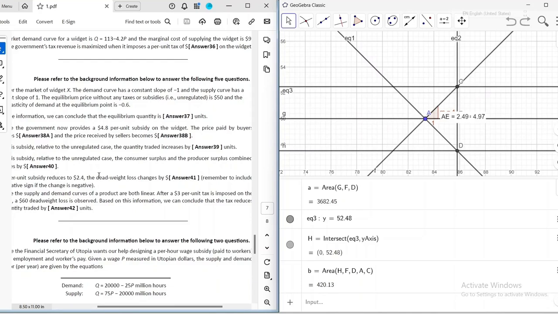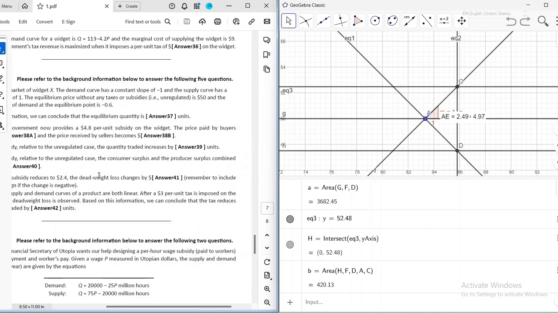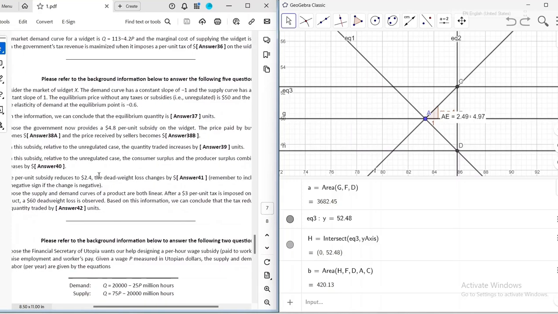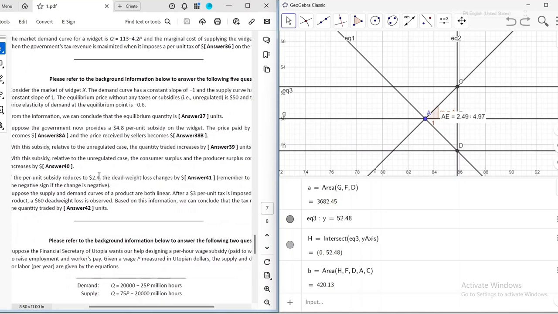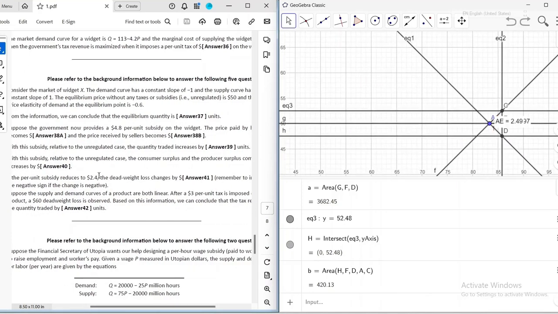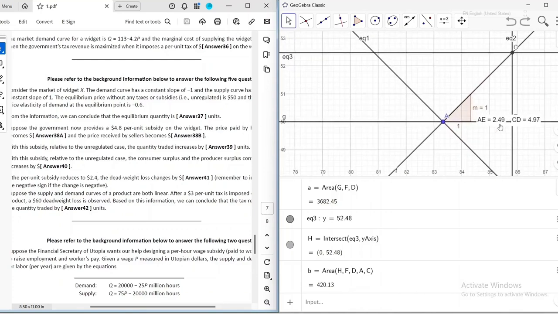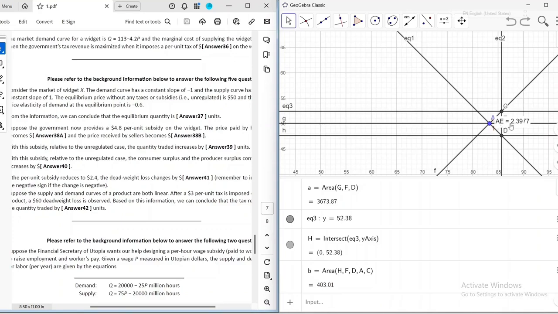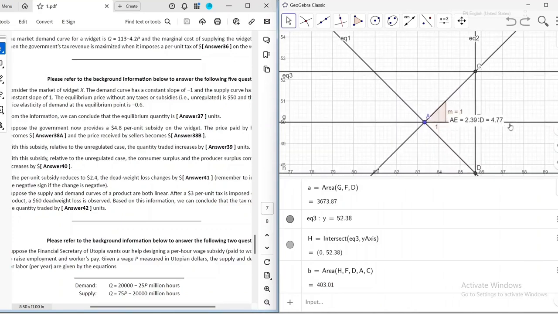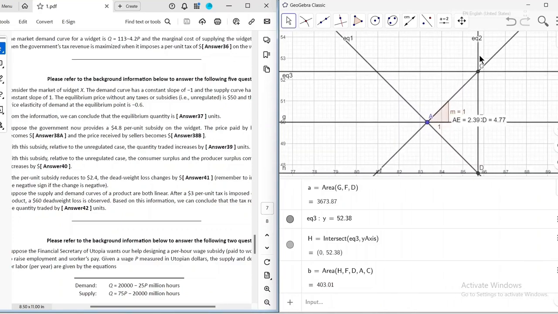So before this the subsidy was 4.8, right? So let me see. Okay, so this is 4.7.